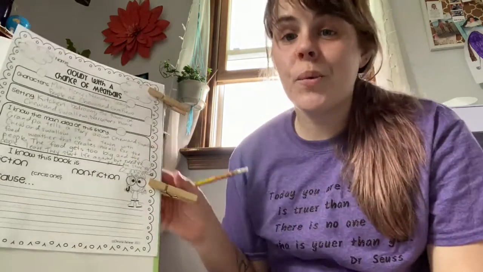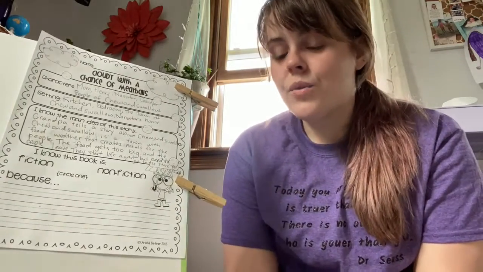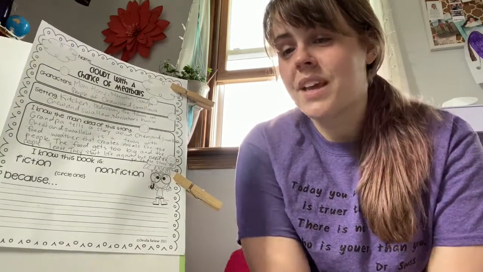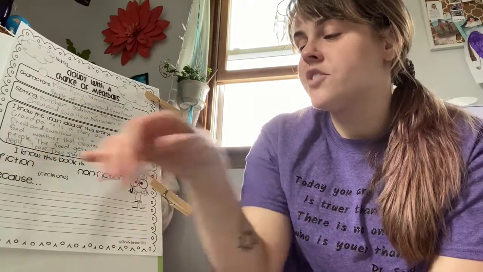Now, friends, remember, you don't have to write this much. You don't even have to write it. You can talk about it with someone. You could talk about the book with someone. This is just what I'm writing to give you some ideas of what you can do. And this last part down here, the last story element, is asking if the book is fiction or nonfiction. So it says, I know this book is fiction or nonfiction because.